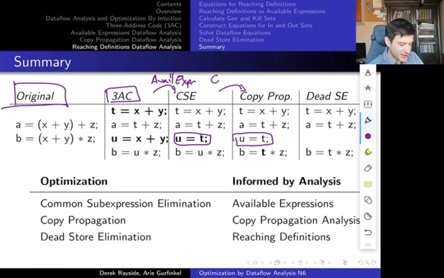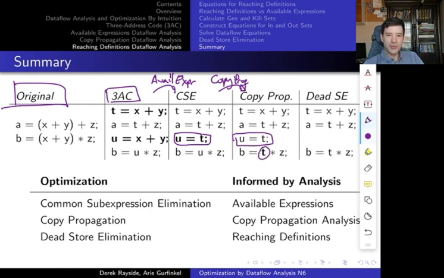Here the analysis is also called copy propagation, and the optimization is called copy propagation. The copy propagation analysis computes how far all of those equalities flow, at which point they may be used. And then copy propagation says, if I have a variable that actually is a copy of some other variable, I can use the original variable instead of the copy. So this is what happens here.